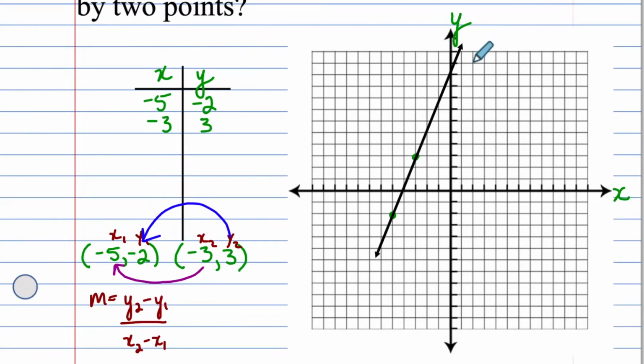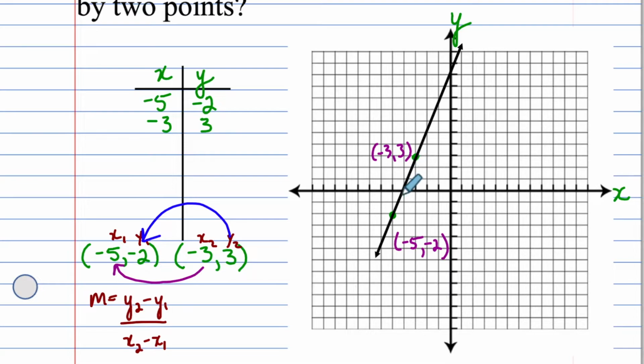We can join the 2 points and have a look where that line crosses the y-axis, but we're not really sure where it crosses here. We need algebra to figure that out for us. We do know the point (-3, 3) and we have the point (-5, -2).